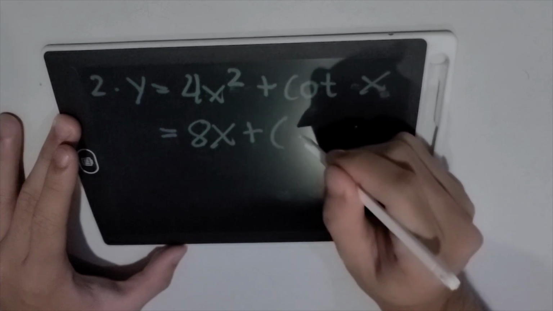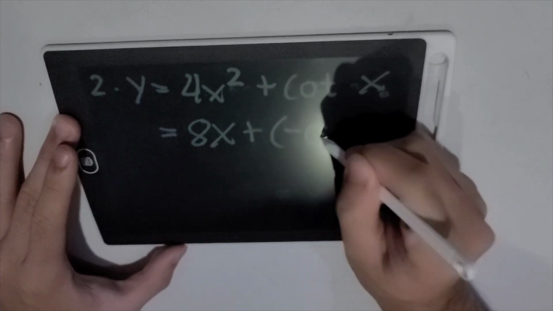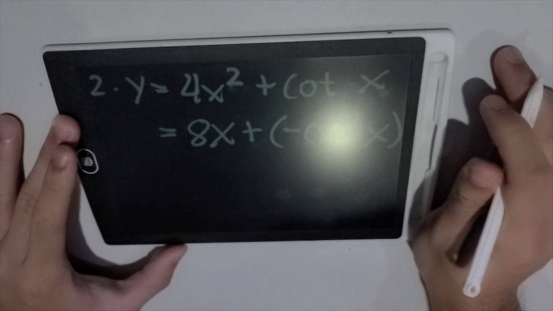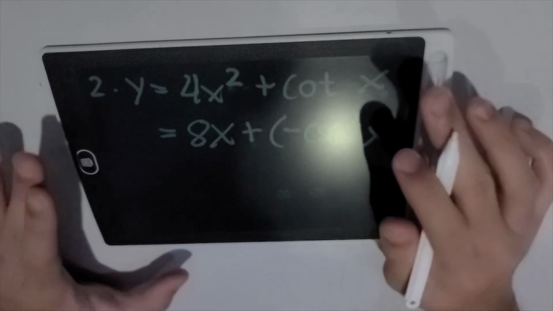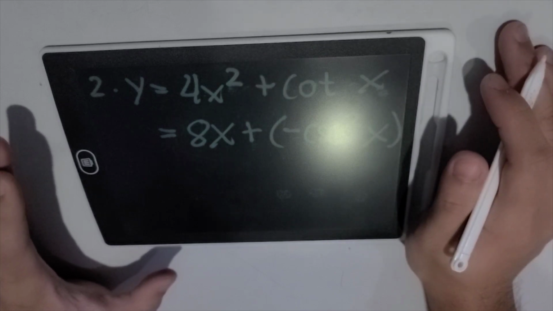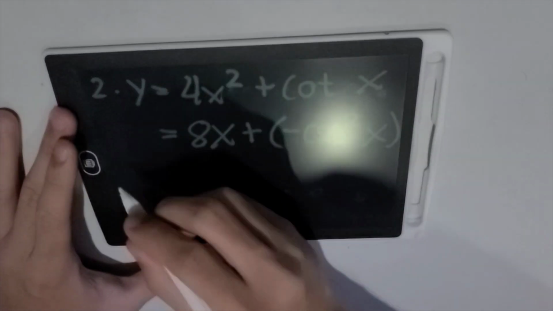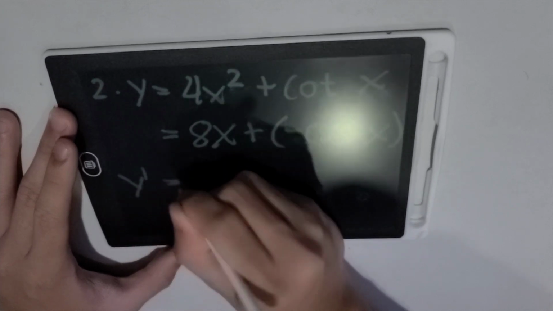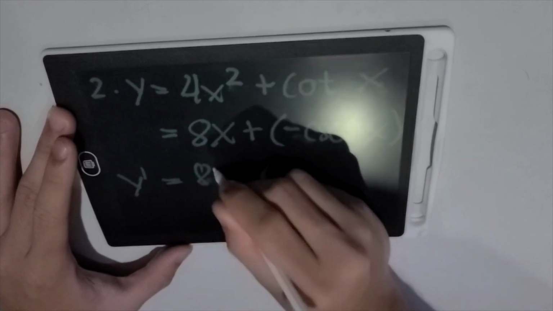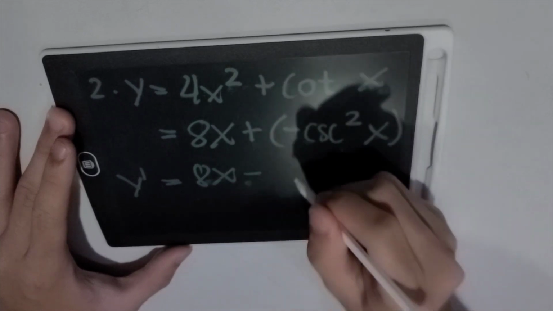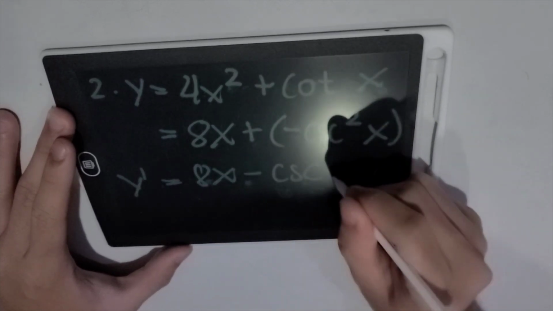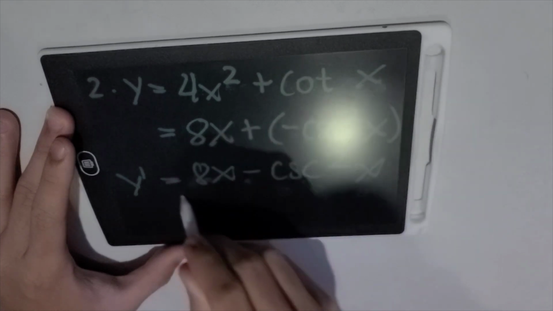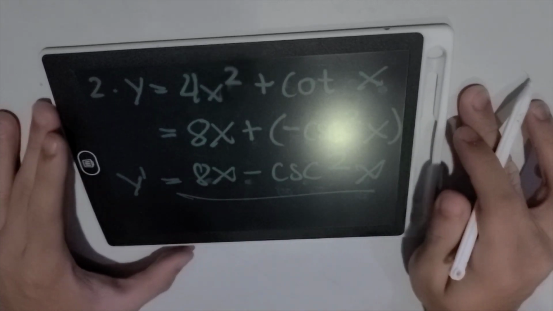Derivative is negative cosecant squared x. And since there's nothing much to do here, we shall now combine them. Our final answer is y prime is equal to 8x minus cosecant squared x. This is our final answer.